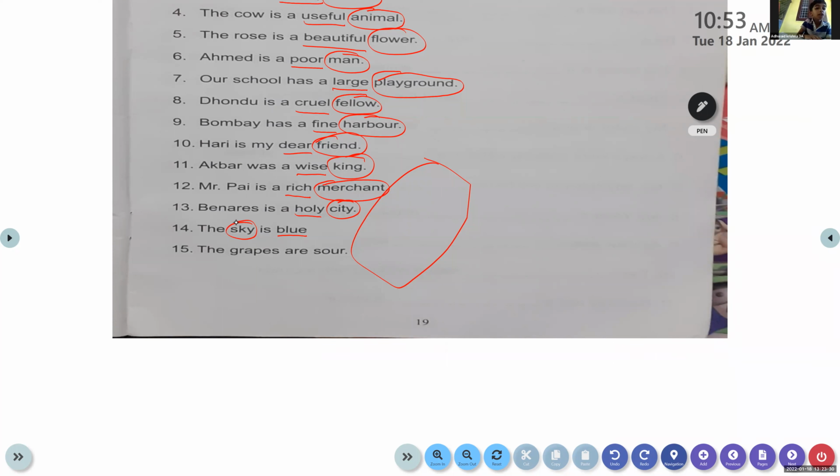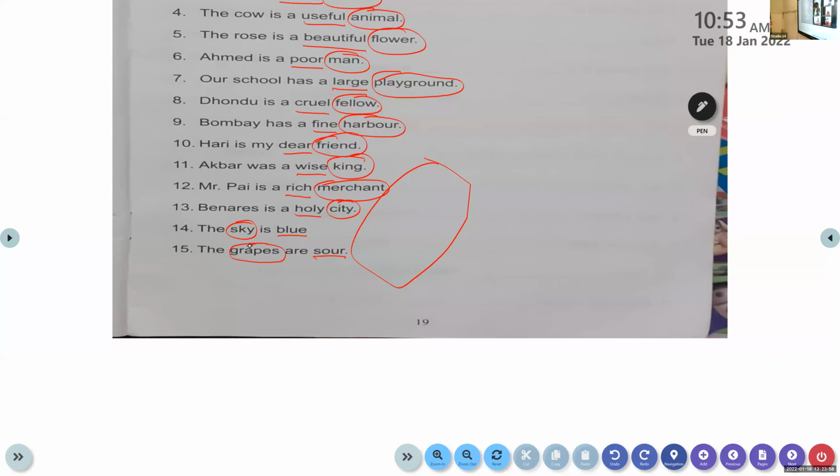Sour is the adjective. It tells us about the taste. Have you tasted a grape? It has a sour taste, not sweet, not bitter, not salty. We pronounce the word as sour. So sour is the adjective there. It tells us about the taste and it describes the noun grapes.